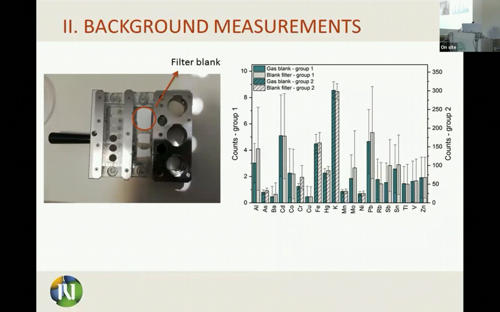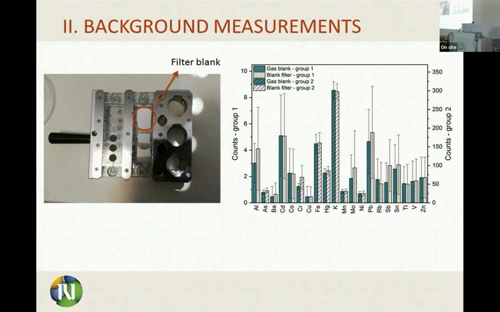The second thing we needed to assess was the blank filter, the filter without any PM deposited on it, simply to see if the blank filter contributes to the measured signal. And the instrument has some background that is called gas blank.